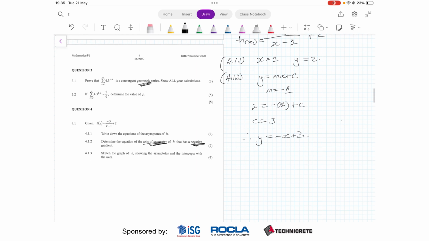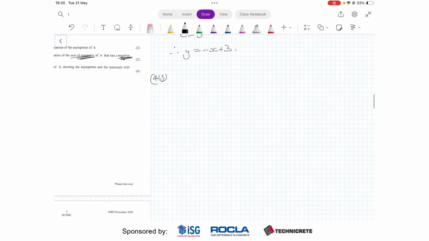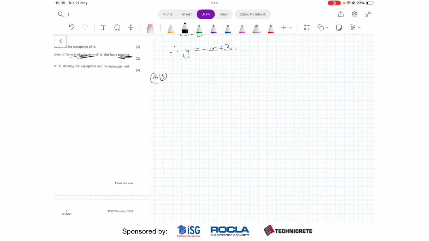And now 4.1.3 is asking us to sketch the graph of h, showing all asymptotes and intercepts with the axis. Once again, please excuse my atrociously horrible drawings. That is our axis line there.